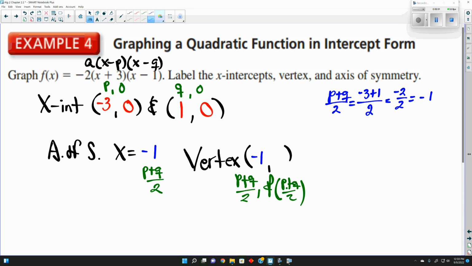Now we plug negative 1 back into the formula. So we get negative 2 times (negative 1 plus 3) times (negative 1 minus 1). At this point, just like with our p plus q over 2, we can type this all in the calculator, let it do it, and we'd be done.